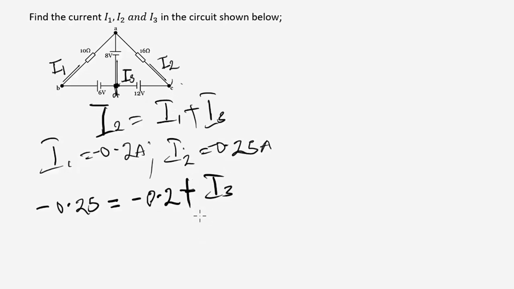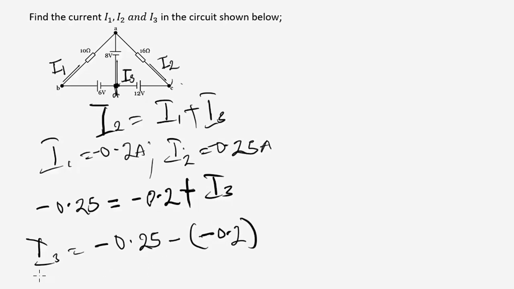So to get I3 here simply should be I1 minus I2, where our I1 is minus 0.25 and I2 is minus 0.2. So if we go ahead and calculate for this, I3 should be minus 0.25 minus negative 0.2.